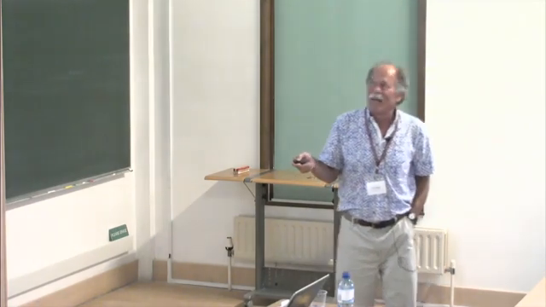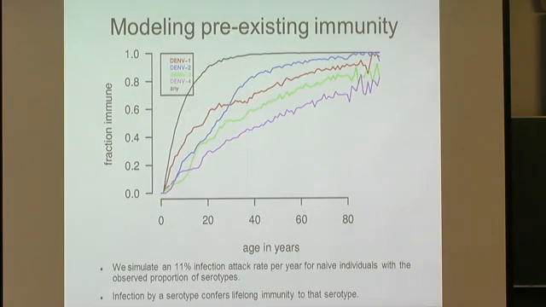So, it's not surprising that the reproductive number would be cut roughly in half in a population that looks like this versus one that had no immunity. It's just simply because there's so much higher force of infection to the younger age groups.